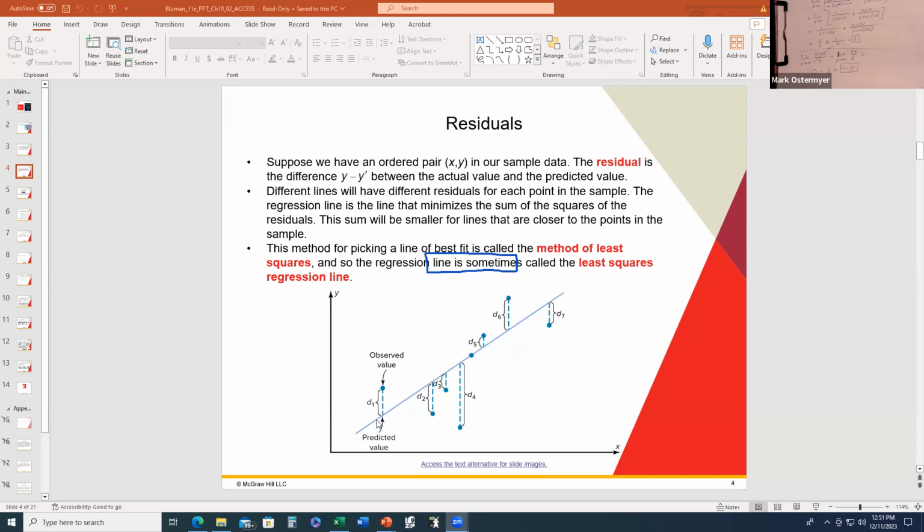The linear regression equation is called the best fit line, or sometimes the least squares regression line, because it minimizes the sum of these squared errors or residuals. So it is the best line that you could possibly fit to your ordered paired data set. There is no line that fits the data better than your least squares regression line, and that's guaranteed by differential calculus.